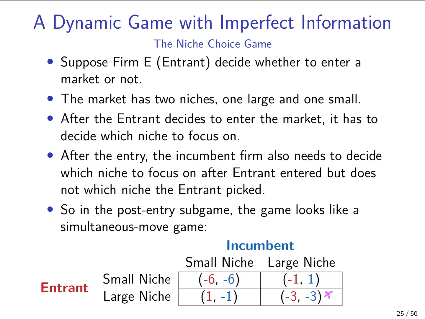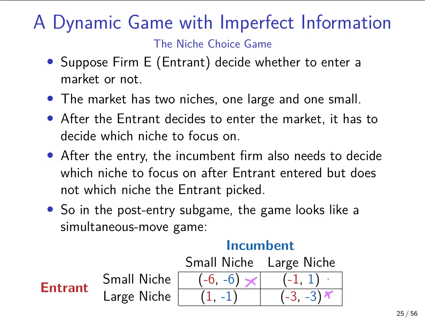Both of them get -3. The incumbent could deviate and get 1 instead, so a beneficial unilateral deviation is available. So the payoff of -3, -3 associated with both focusing on the large niche would not be a Nash equilibrium.